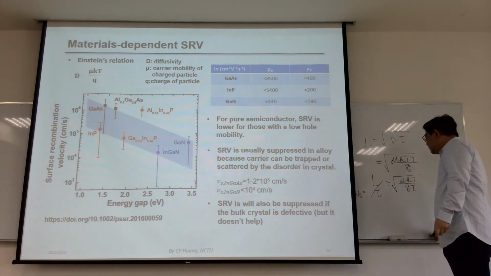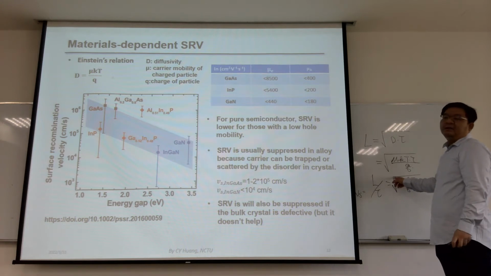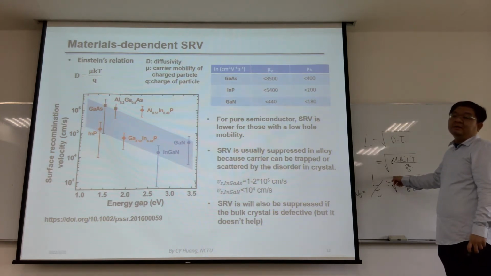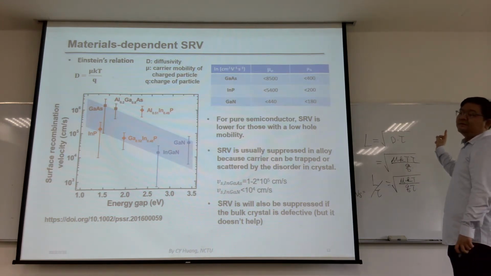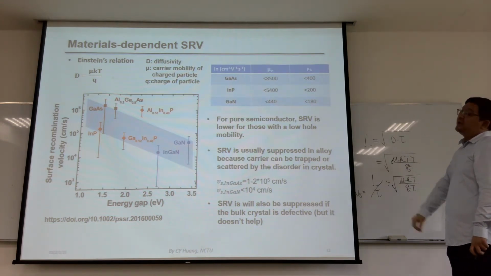Okay, so a material with high carrier mobility suffers from a severe surface recombination.